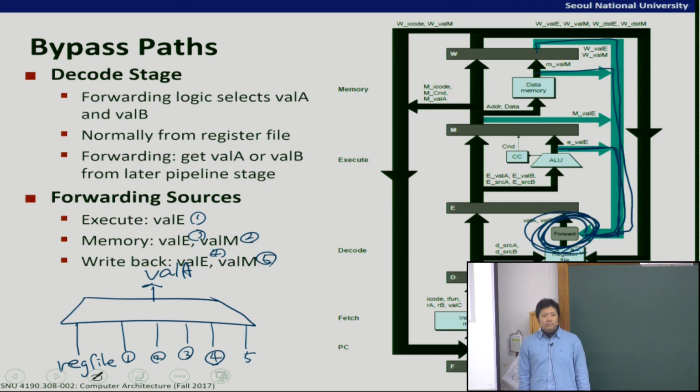And this forwarding logic selects one of the 6, depending on the condition. Let's say if there's a match between the destination register and source register in decode stage, we directly forward the value from that stage to decode, and so on. That's what this forwarding logic does. Okay.